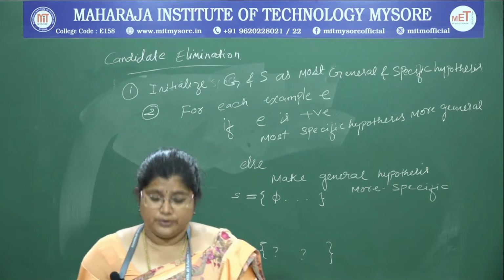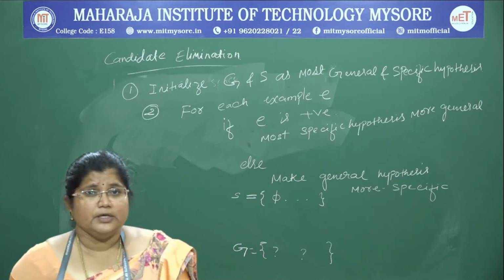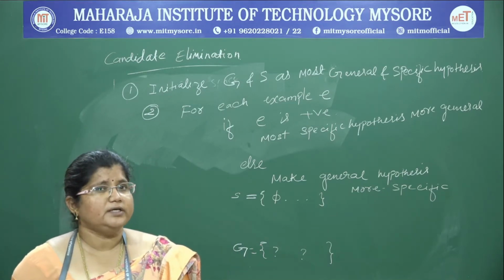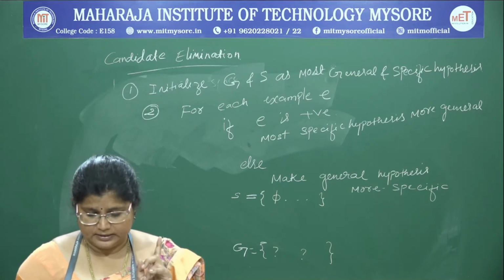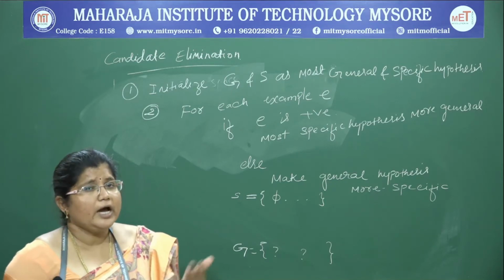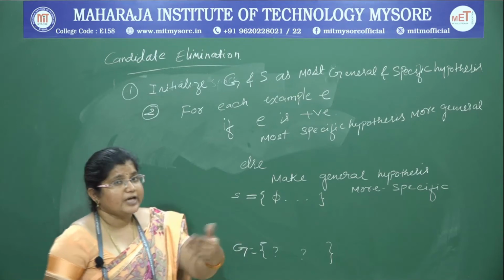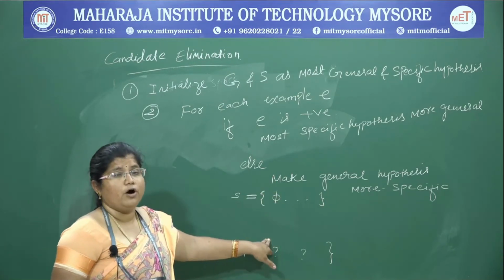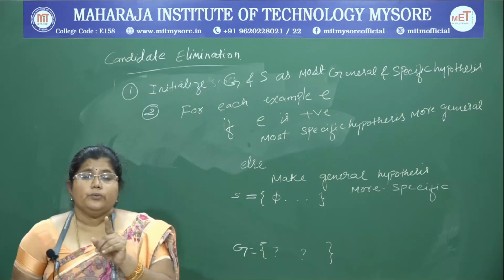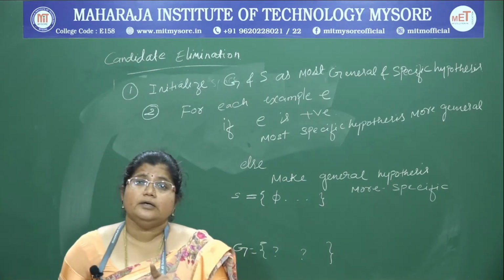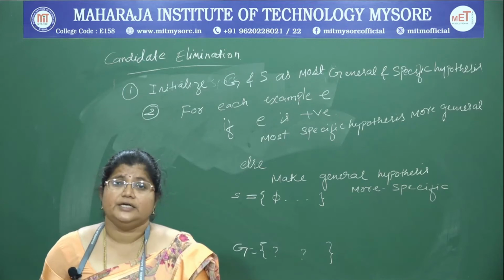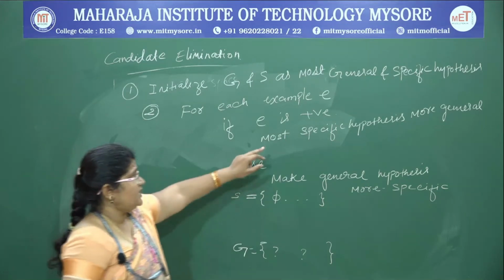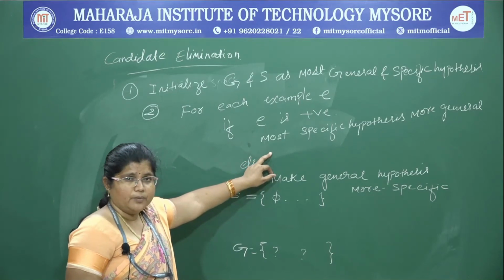The hypothesis must be consistent with the training example D. We are also trying to generalize the most specific hypothesis into the generalized form whenever we are representing a positive training example. That is the step we are going to perform.